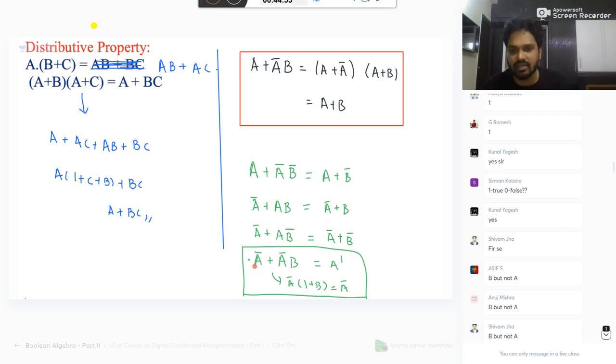Okay, this is another example where you should not apply this rule. 1 plus b is not vanished, my dear friend. 1 plus anything is 1. What is 1 plus b? 1. So a bar into 1 plus b is a bar into 1, which is a bar. So this is just to give you the understanding. Here you cannot apply the rule.